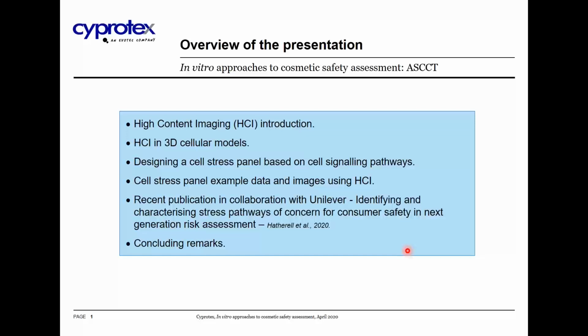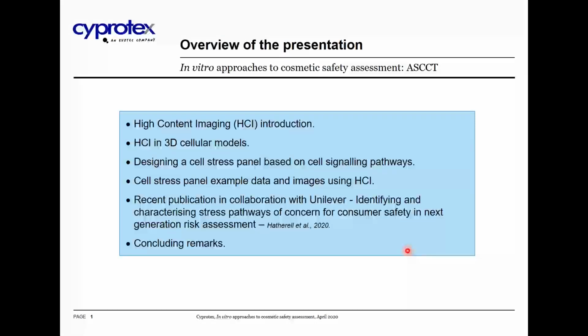Most of them have automated platforms, so you can quite easily image in an automated fashion different wells of a plate, capture lots of different images, and then ask specific questions as to the health or responses within those cells. And we do that by adding a range of different antibodies or dyes.